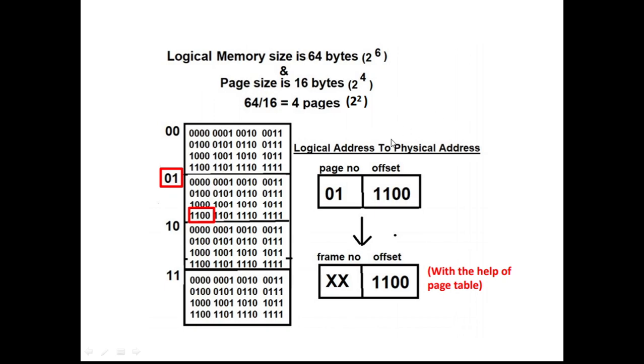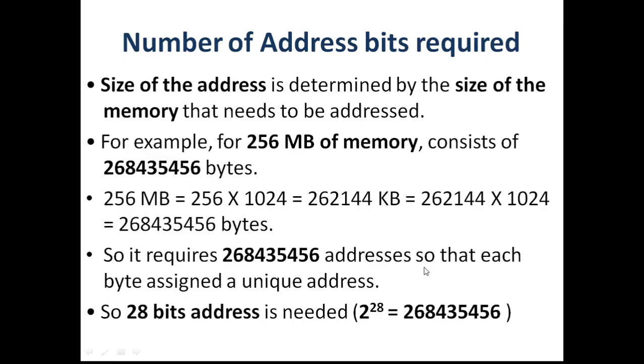Once the frame number is found, we don't need the page number anymore. The page number is replaced by the frame number, and the offset is simply carried forward. So 1100 is the byte address, and the frame number identified with the help of the page table, and these two form the physical address.